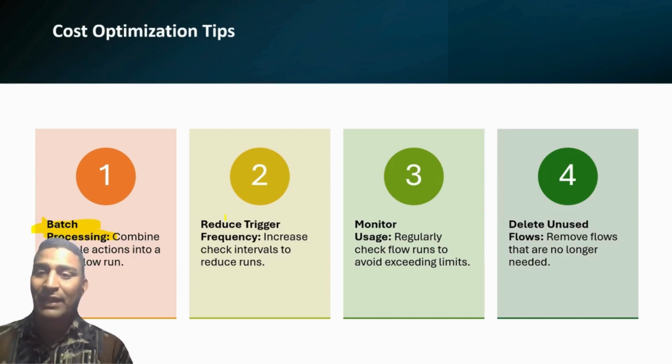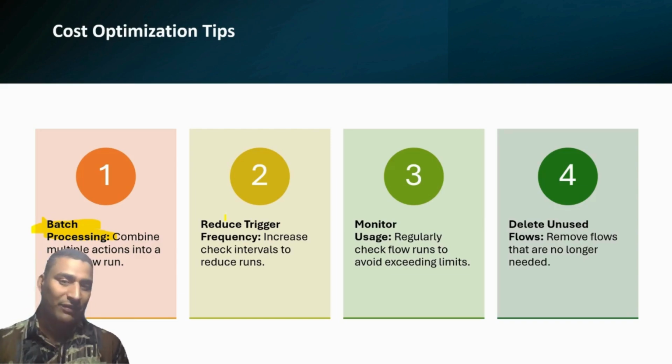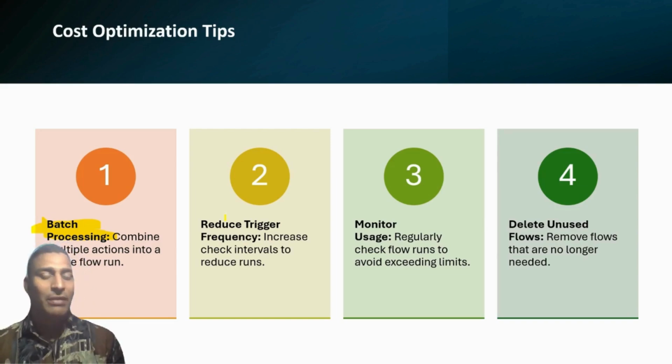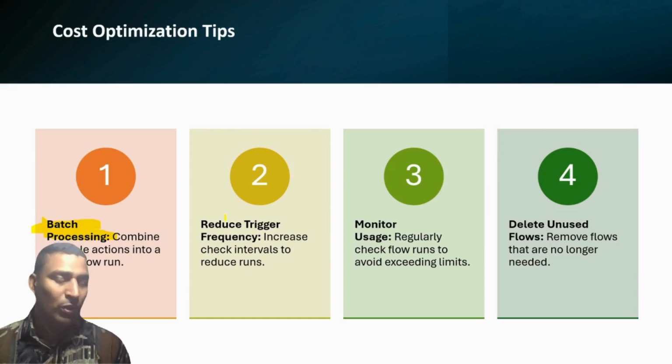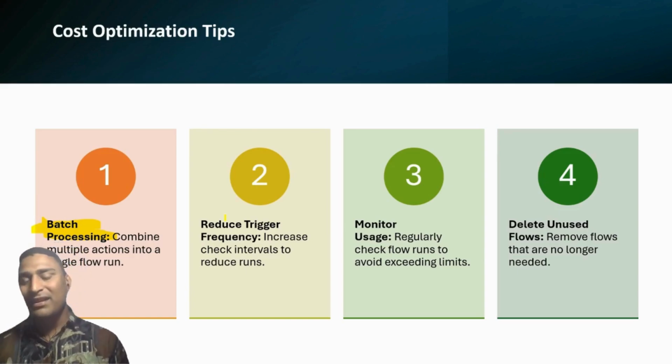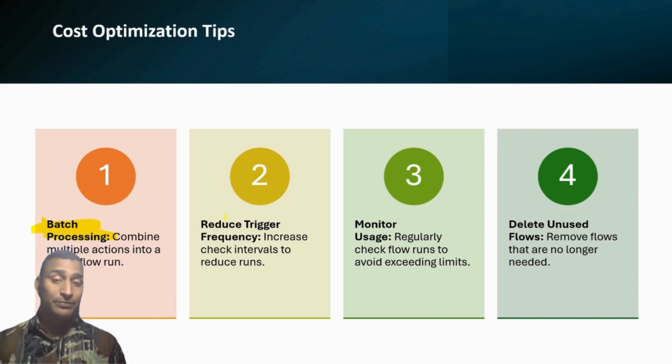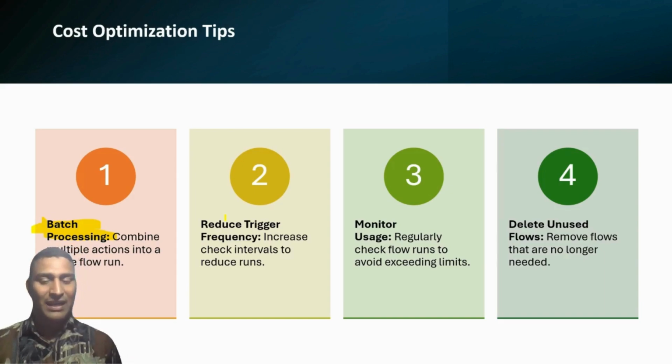Now, the second thing is to reduce the trigger frequency. Usually the customer might request, I need an immediate update. You need to convince the customer to schedule the triggers, like per day, every night, for the whole set of records.